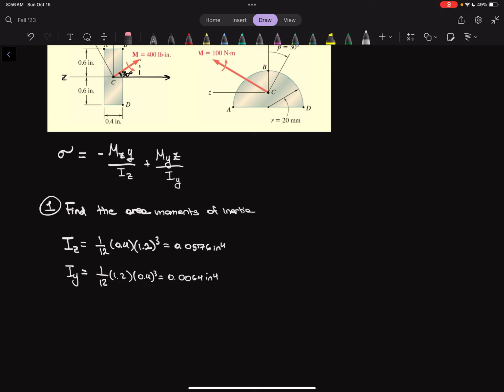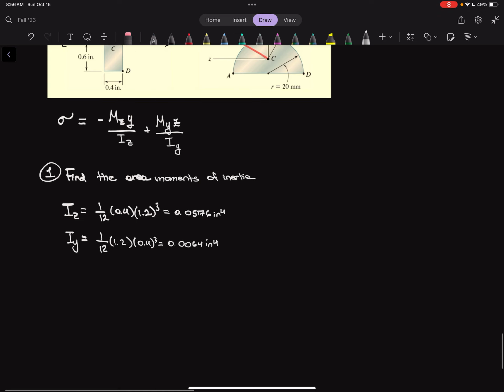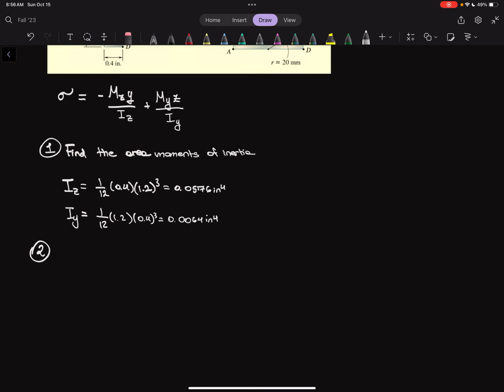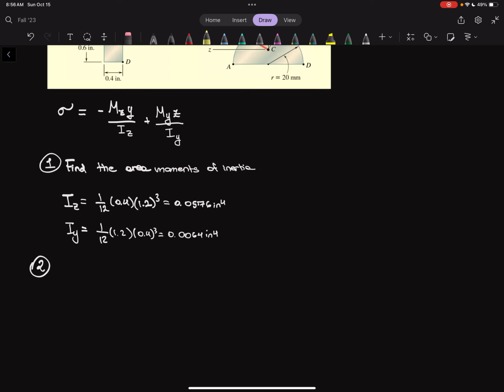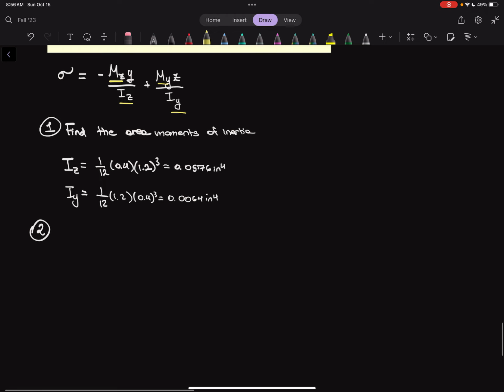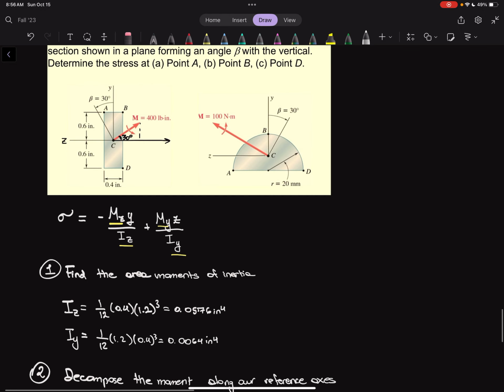Okay? So we took care of this first step. Now, the second step is, because I just like to look at the formula and think, okay, I got this, well, what else do I need? Well, I need these two. So what are we going to do? We're going to decompose the moment along our reference axes. And this is where I tend to make a mistake.